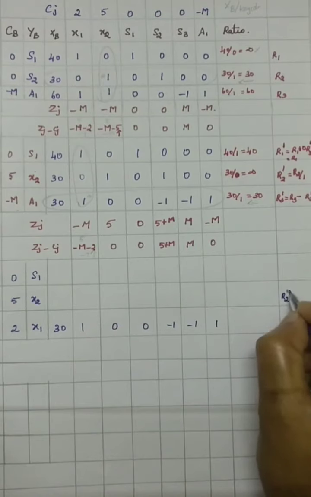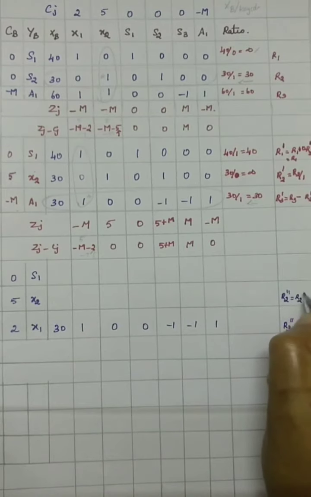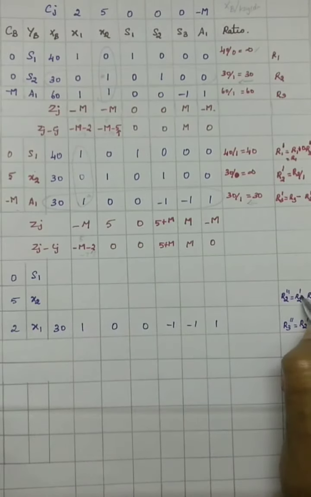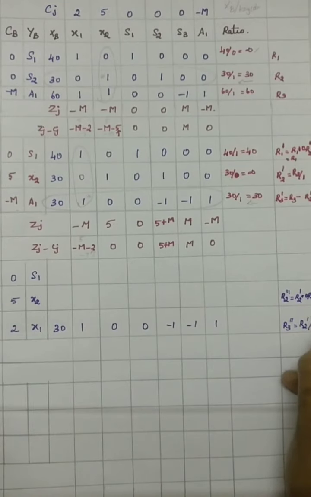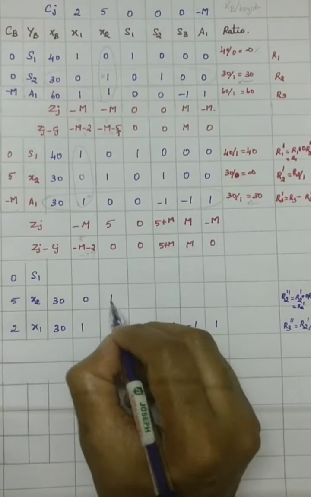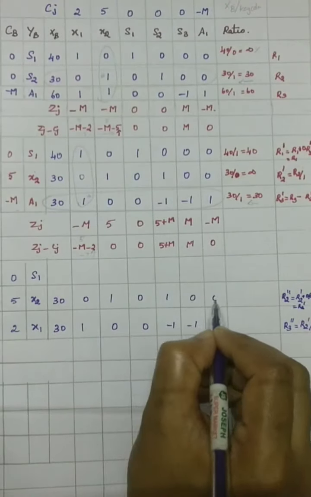So R2 double dash is equal to, compulsorily you have to use R2 dash and R3 double dash. Here we have 0, so this will be minus of 0 or plus 0. Anyway, this will be multiplied by 0, so this is not needed. So only R2 dash. So this is also as it is: 30, 0, 1, 0, 1, 0, 0.